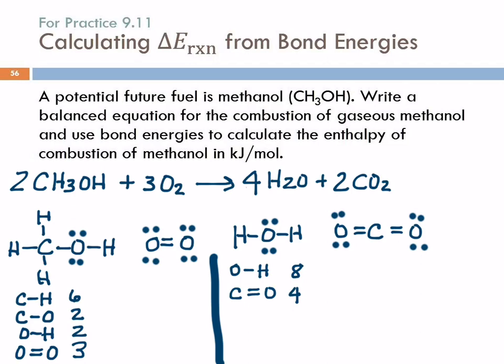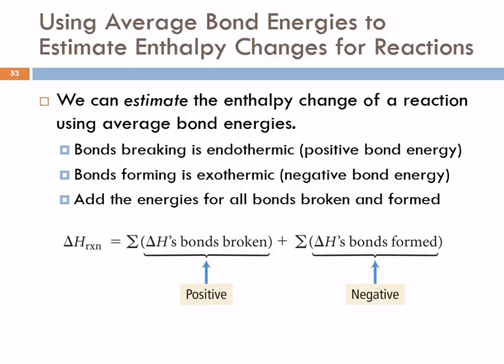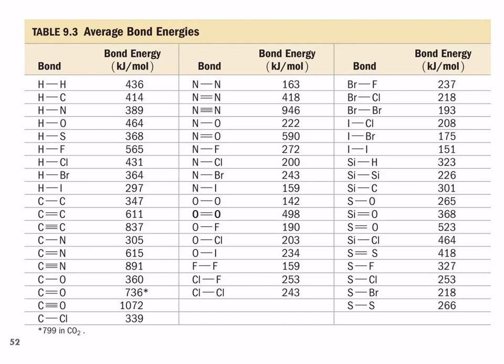Now we need bond energies. Okay, so I'm going to write these on the board because I can't remember this long. Carbon-oxygen double is 736, except there's an asterisk. And down here, it's 799 in CO2, and that's what we've got. So that's 799.